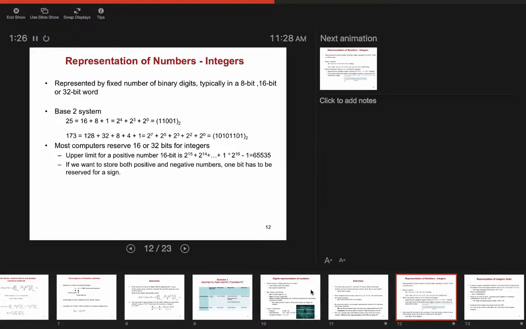For 8 bits, I have space for 8 bits. I have spots, this is my memory. What is the largest number I can fit in?